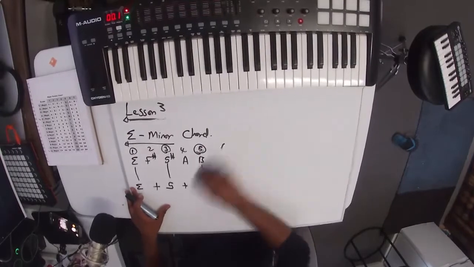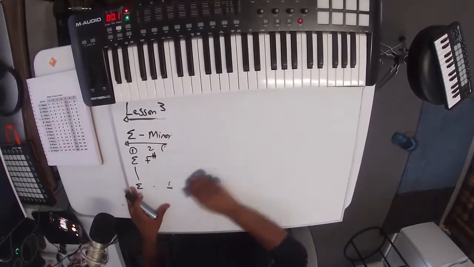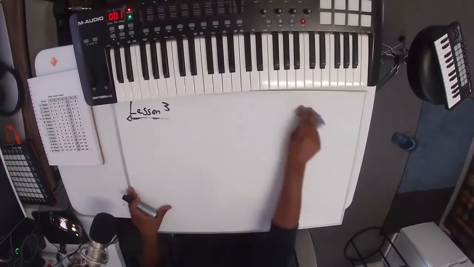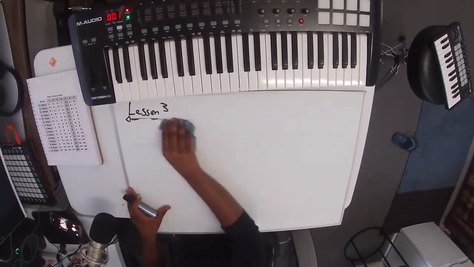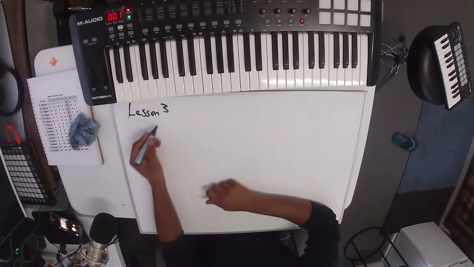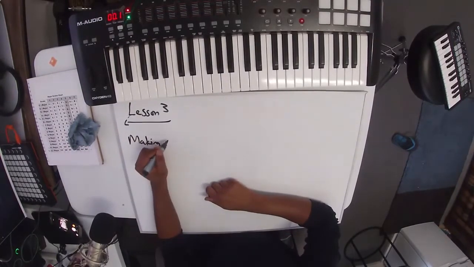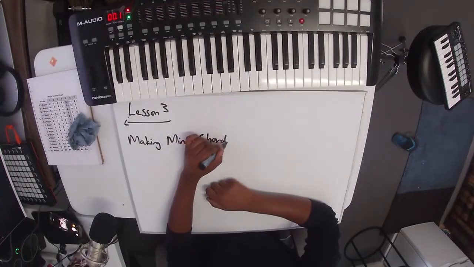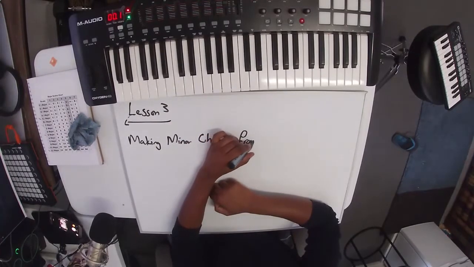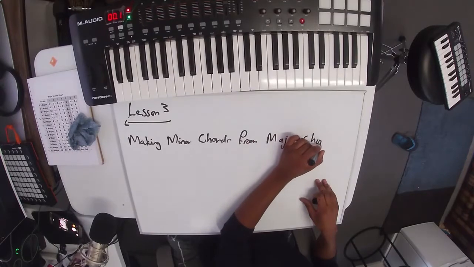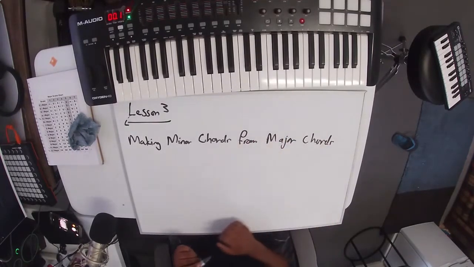Before I move to the next method, I can actually extend this method to form what can be thought of as another method, which is making minor chords from major chords.